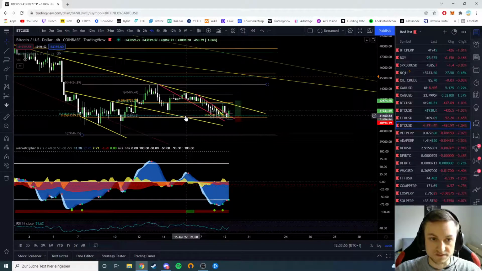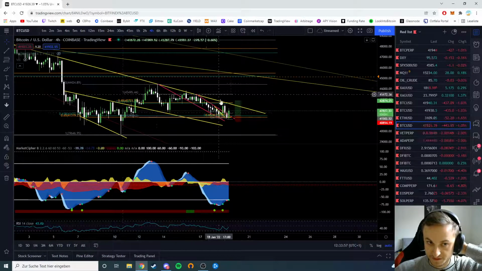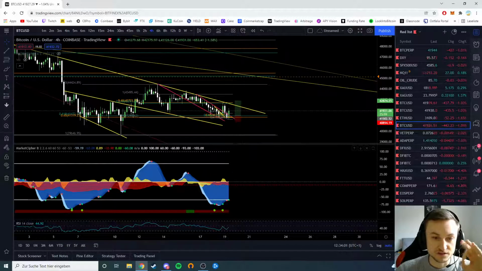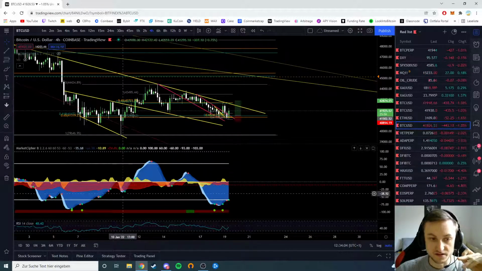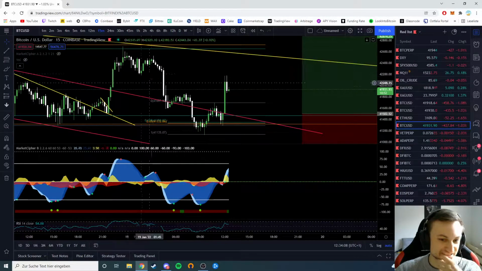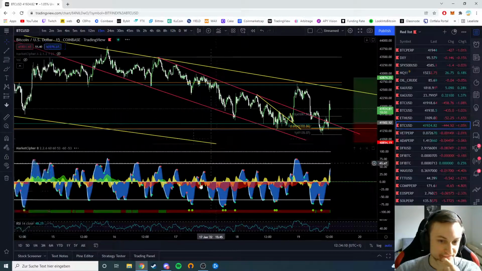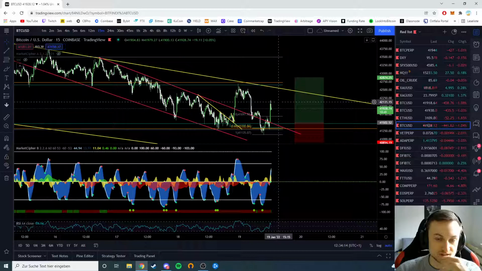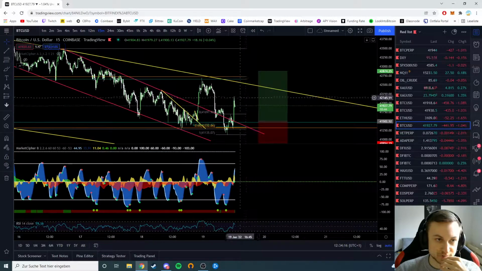We've been holding the 0.5 Fibonacci retracement level of this whole range. It is daily support, and we got a 4 hour bullish divergence combined with a hidden bullish divergence. So this is some top level stuff. Plus, all the lower time frames are pointing towards it as well. So it's kind of beautiful.